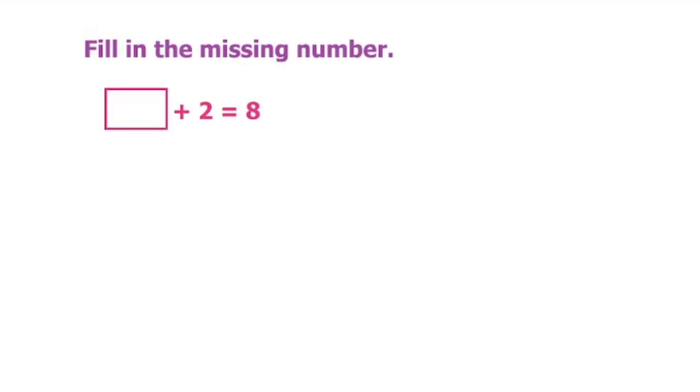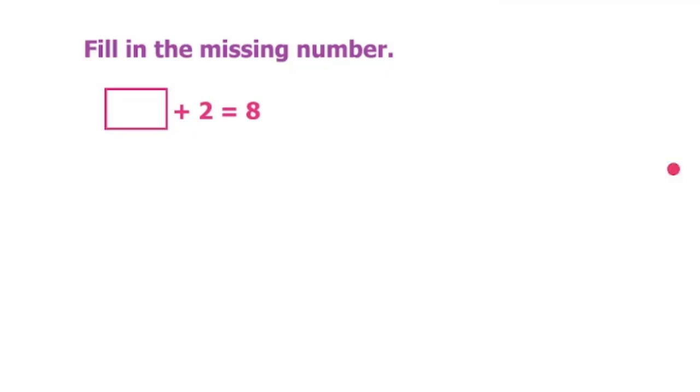In this lesson, we're going to talk about addition facts. So if we have a problem like this that says fill in the missing number, and we have a blank here, plus 2 equals 8.